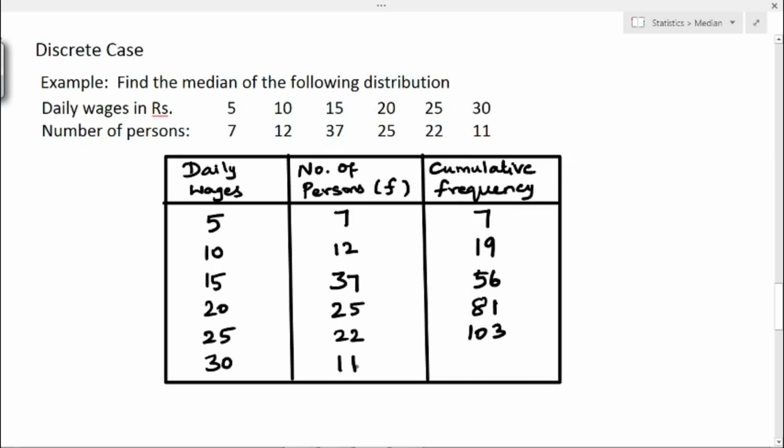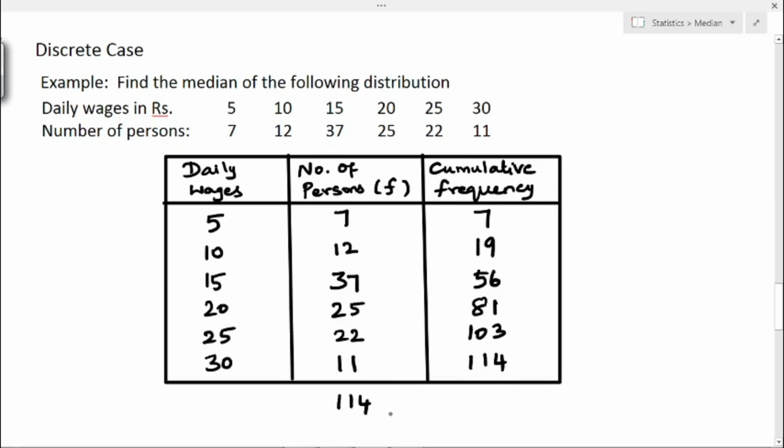Next we add 103 with the next value 11: 103 plus 11 is 114. If you add all the frequencies, that is also 114, because we are adding one by one, so both totals are the same.